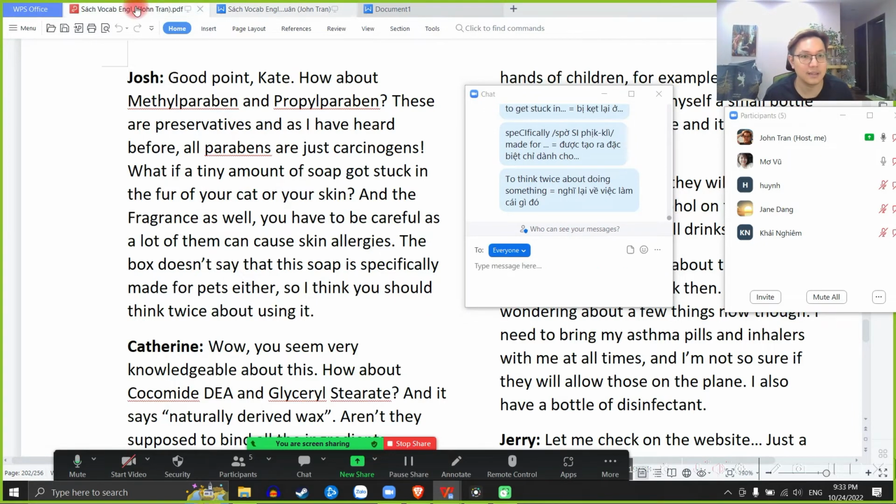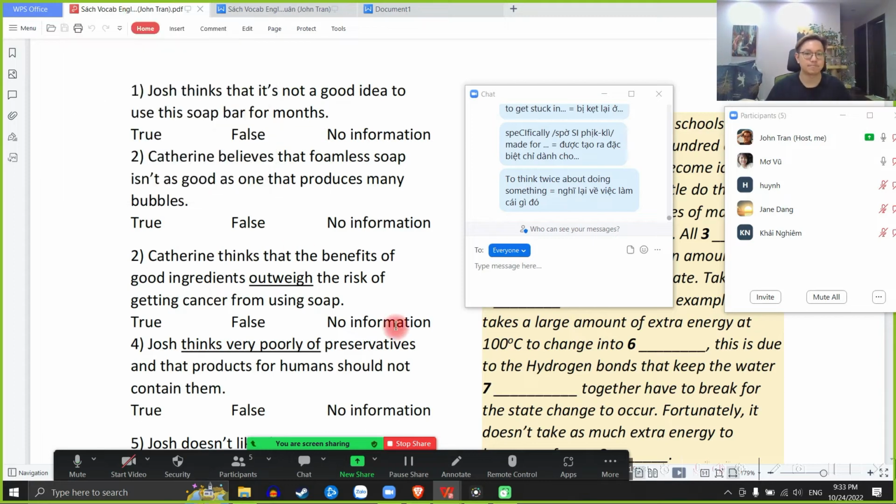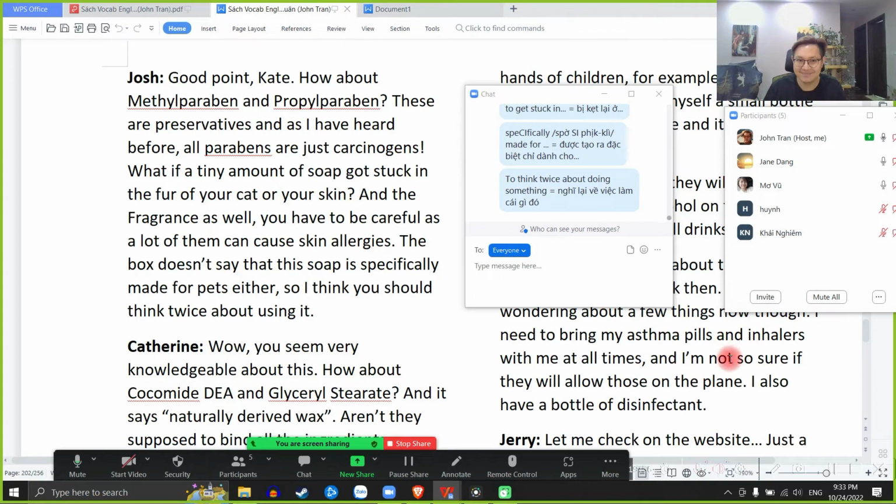Alright, so here: Catherine thinks that the benefits of good ingredients outweigh the risk of getting cancer from using soap. No information. Why do you say no information?